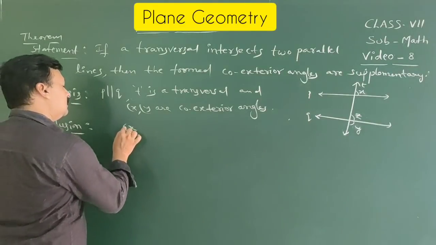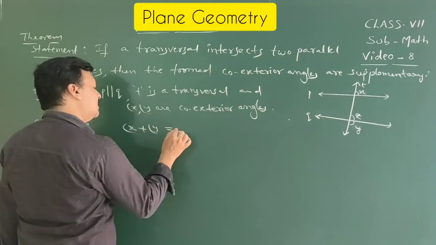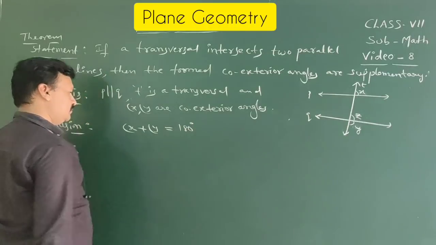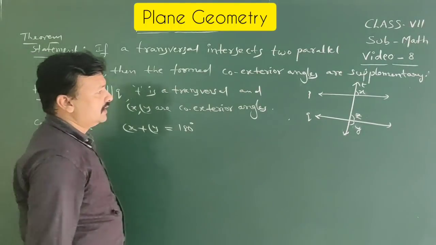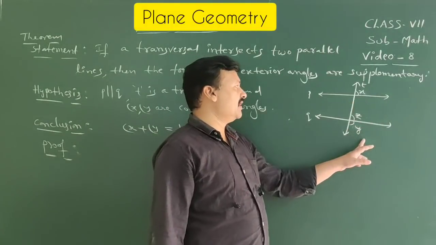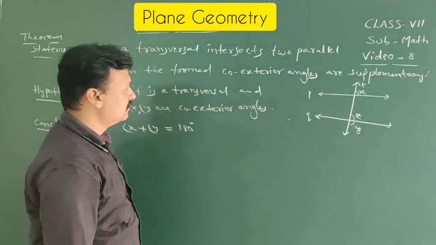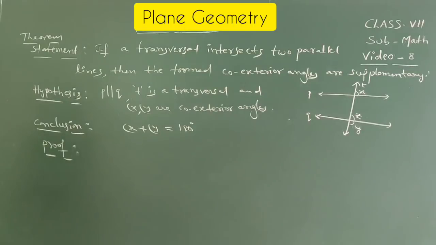Conclusion: angle X plus angle Y equal to 180, we need to prove. They are supplementary, meaning if the sum of any two angle measures is 180 degrees, then we can say that they are supplementary angles. Here X and Y are supplementary because they are co-exterior angles.